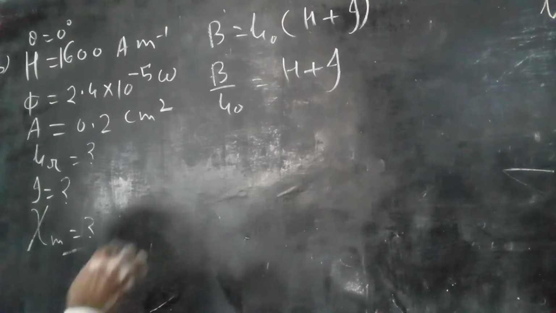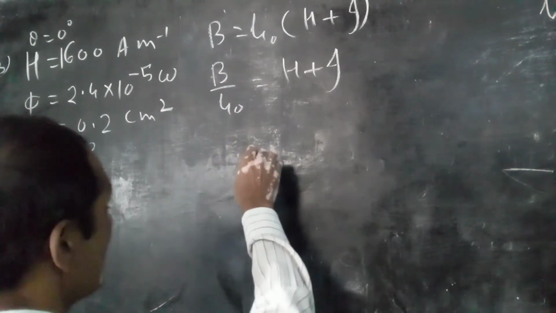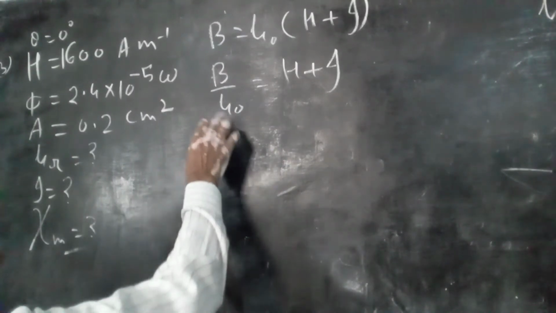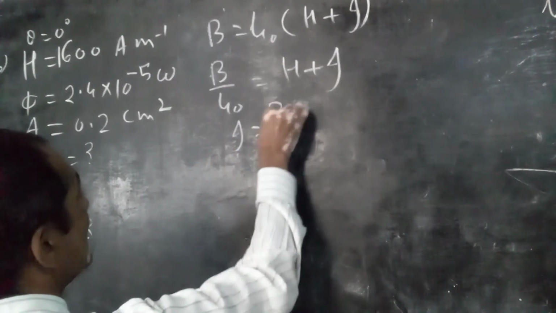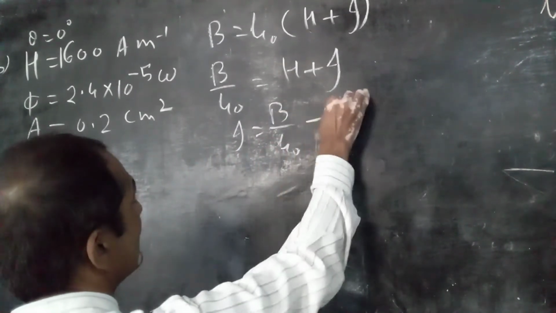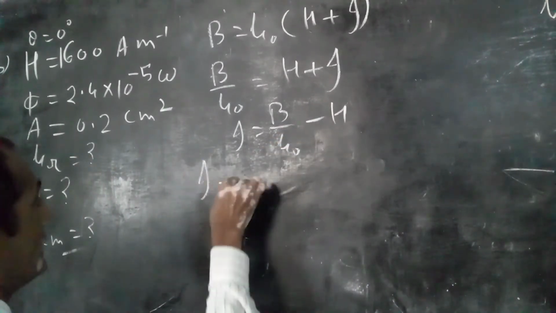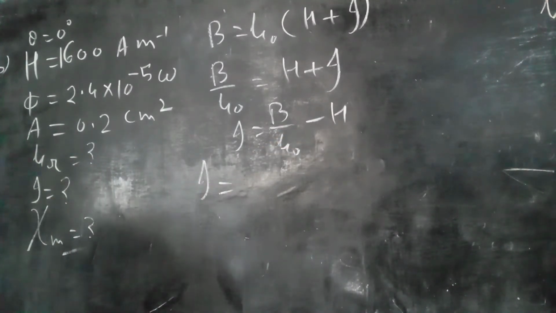Right value. Magnetic induction you have calculated. What is the value of magnetic induction? I is equal to B upon mu0 minus H, no? So I is equal to B. What is the value of magnetic induction? You have calculated before this. B, value of B.